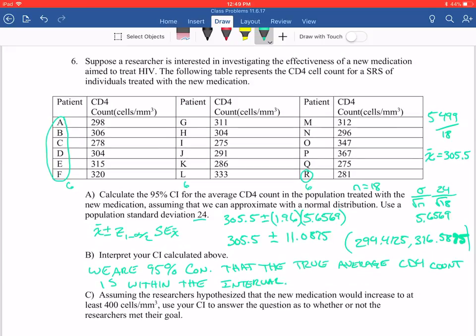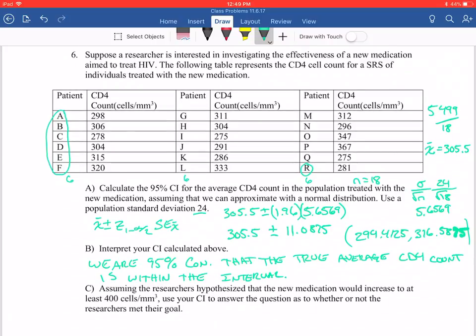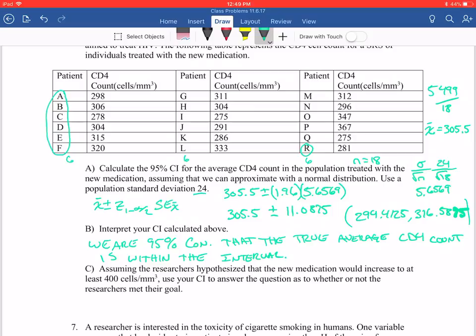Well, our confidence interval is 294.41 and 316.58, so 400 is outside that confidence interval. If we take a closer look, none of the values of the CD4 count in any patient even reached 400. So if our goal is to reach 400, did we reach 400? The simple answer is no, we did not.